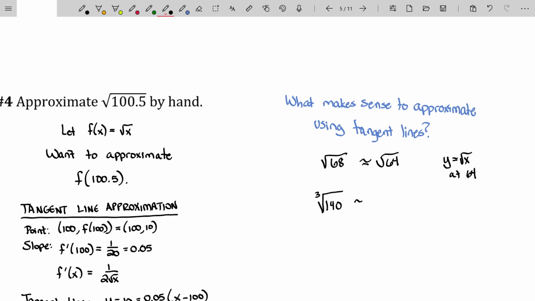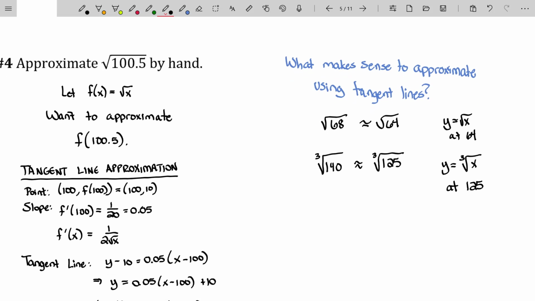So I would probably approximate this using the cube root of basically like a 125, because I can easily do that. So I'm looking at y equals the cube root of x, but approximated at 125. So I'll build a tangent line to that function at 125 and use that tangent line to approximate the value of the cube root of 140. It won't be great because 125 is pretty far away from 140, but still, it can be done.